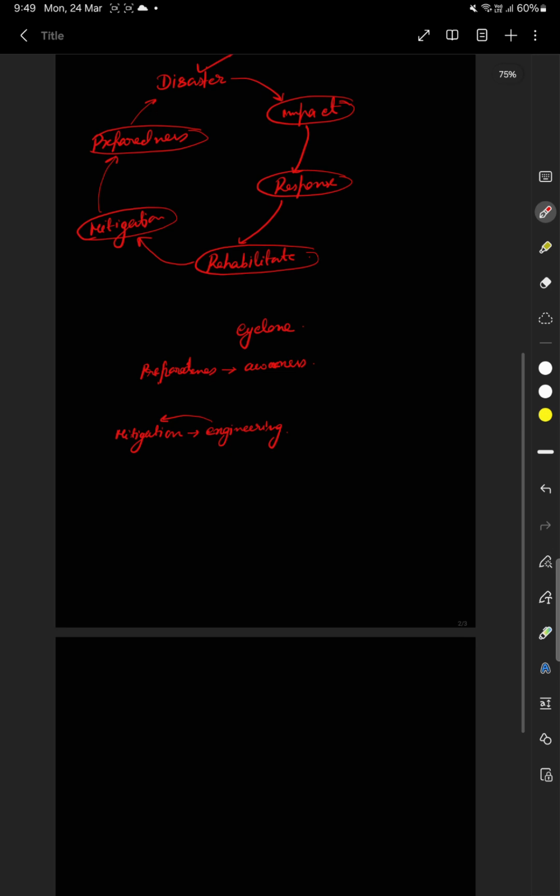Now let us come to the second thing: what are the epidemics that occur after a disaster? The epidemics are, first, leptospirosis. Why does this occur? Remember, during a disaster there is a very high chance that the water gets mixed with rat urine, and we know from rat urine, leptospirosis can happen.